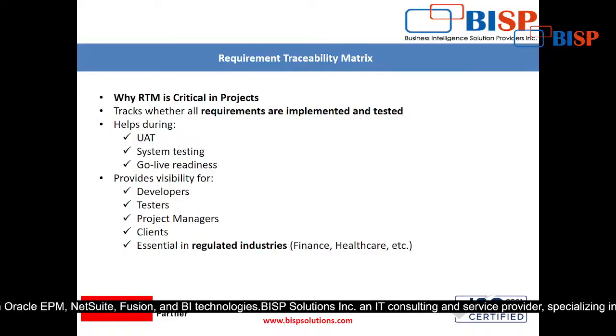Purchase order creation, check for approval, then take the approval, if it is rejected what will happen, if it is approved what will happen, and if the amount is less than that particular range then what will happen. So once we complete all these requirements, that means we are ready. It shows our readiness for go live.